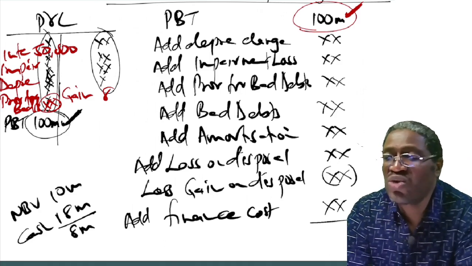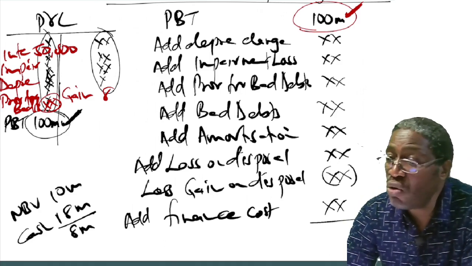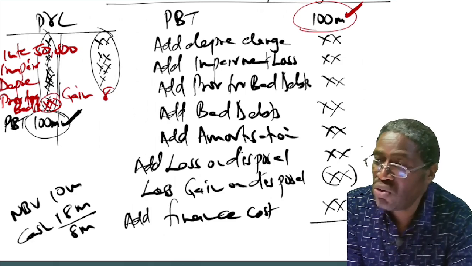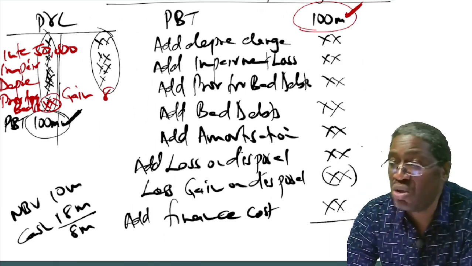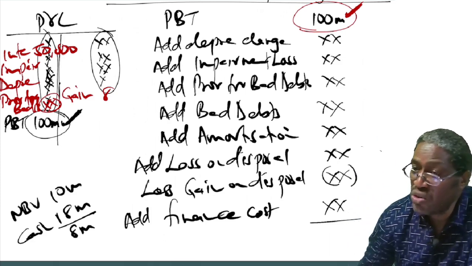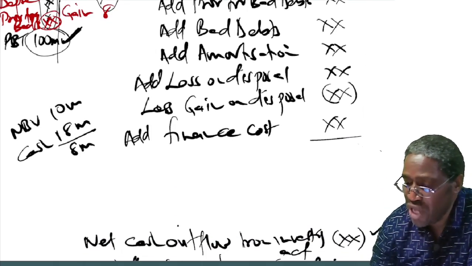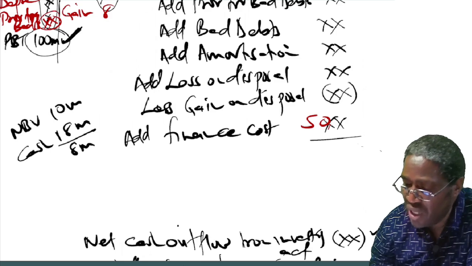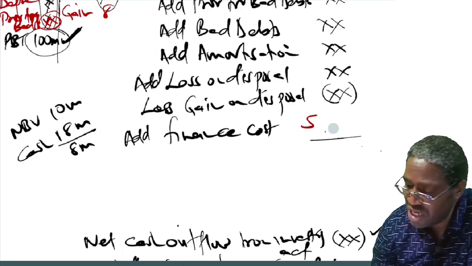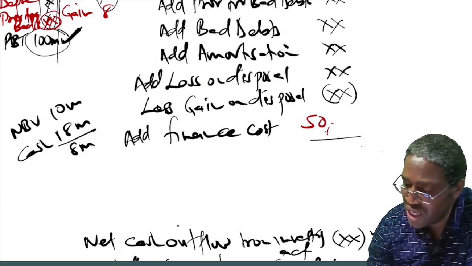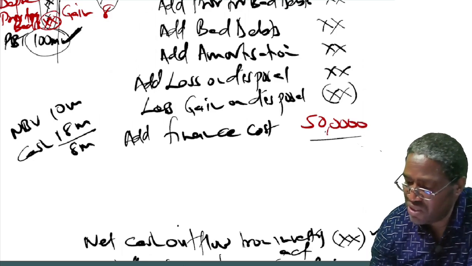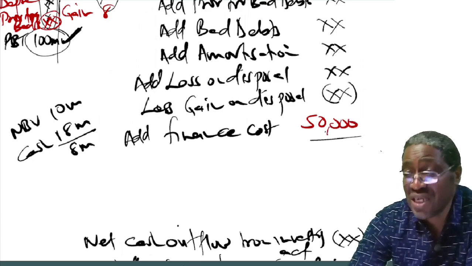But it's not what we paid. So we normally consider that interest charge, which we also call finance cost, as another non-cash item. That 50, you will have to use it in the cash flow statement. That 50,000 is another non-cash item.